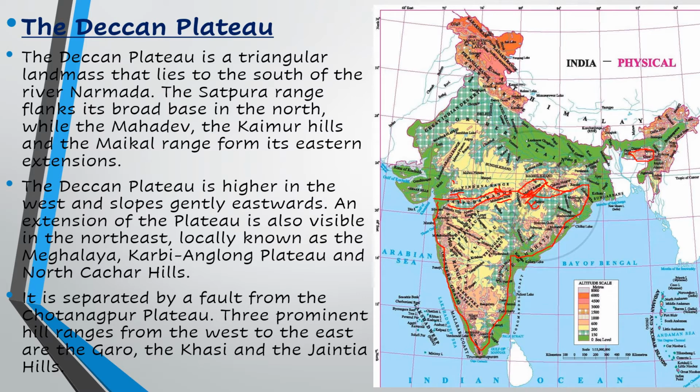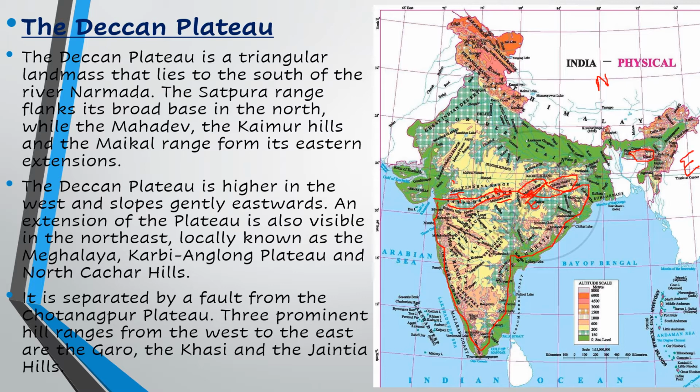You can see the Chota Nagpur Plateau over here. It is the extension of the Chota Nagpur Plateau. So an extension of the plateau is also visible in the northeast. The upper position is north, but this portion is east.